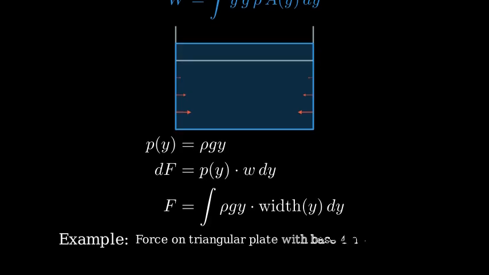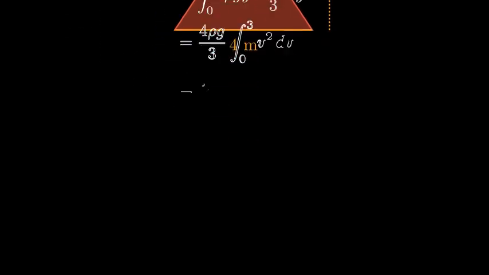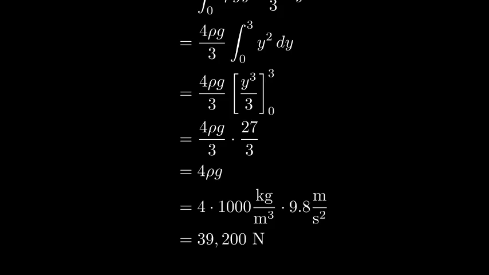Let's consider an example. Find the force exerted by water on a triangular plate submerged vertically in water, with its top vertex at the water surface and its base of 4 meters parallel to the water surface at a depth of 3 meters. The width of the plate at depth y is proportional to y, specifically w equals 4y divided by 3. The force is the integral from 0 to 3 of rho times g times y times 4y divided by 3 dy.